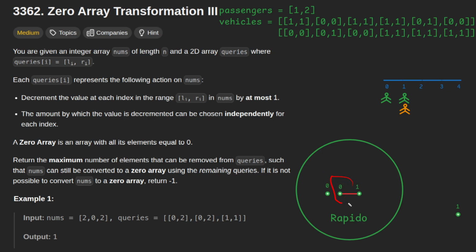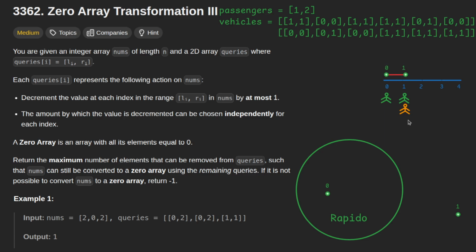Since they are starting from the same place, Rapido sees which one ends at the maximum, meaning there is a probability that it can also have a passenger on seat 1, right? So here Rapido will always assign this captain to go and serve the customers.